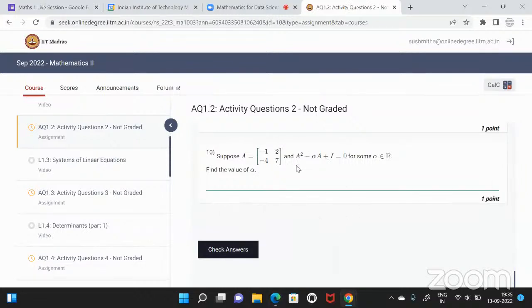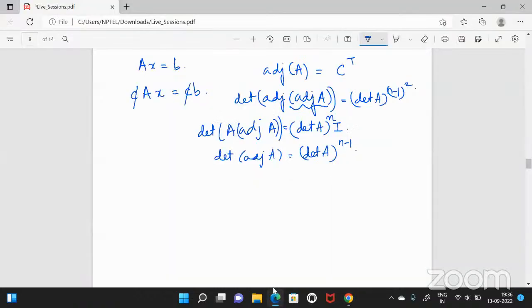You just have to find A squared, find alpha times A, and the identity matrix, add all this, put it equal to 0, and whatever alpha you get, that will be the answer. Okay, that's what I did, but the answer shown in the activity question does not match my answer. What is the matrix? 1, 2, 4, 7, minus 1, 0.